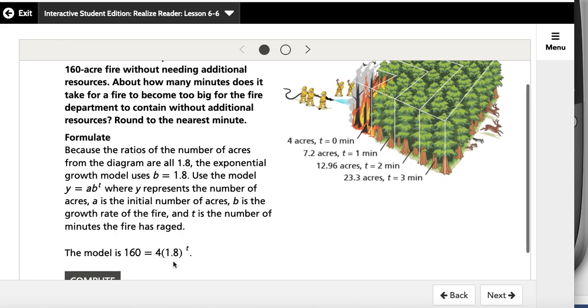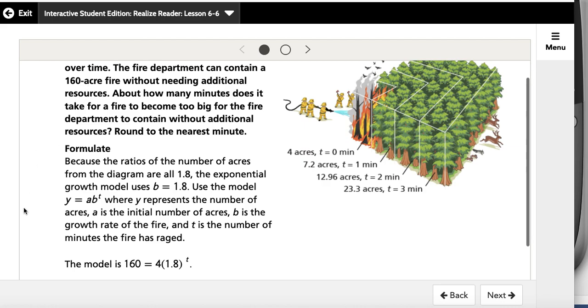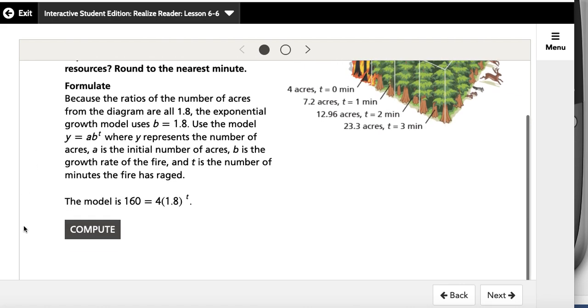It's going to grow by a factor of 1.8 each minute, to the t, and we want to know how much time it takes to cover the 160 acres, because then they're going to need additional help. That's what they said: they can handle a 160-acre fire without needing any help.